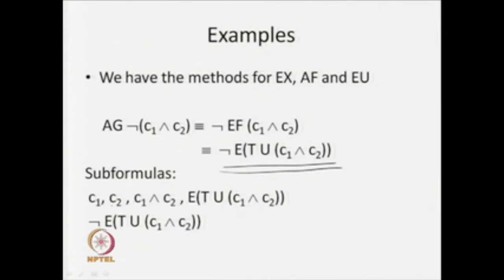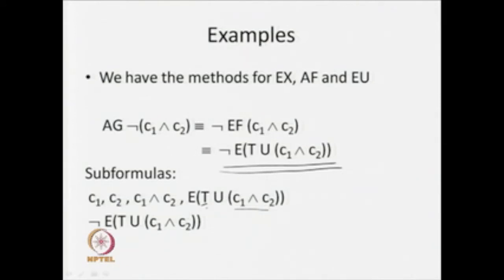Now, by looking at this final formula, what are the subformulas that we have? C1 and C2 are two atomic propositions, so they are CTL formulas. Since C1 and C2 are CTL formulas, C1 and C2 is also a CTL formula. Now, E true until (C1 and C2): since C1 and C2 is a CTL formula, and true is also a CTL formula, E true until (C1 and C2) is also a CTL formula.